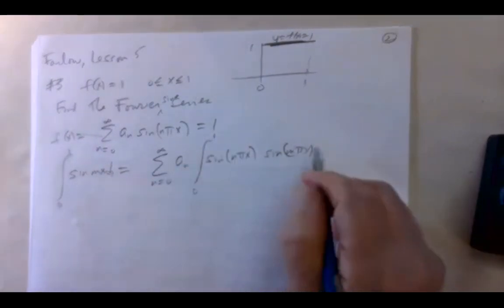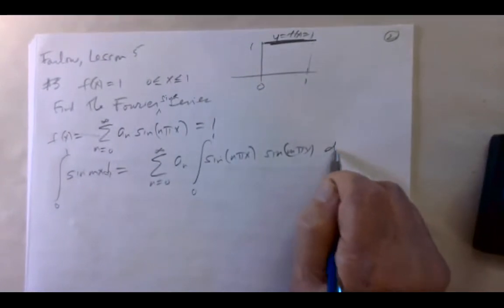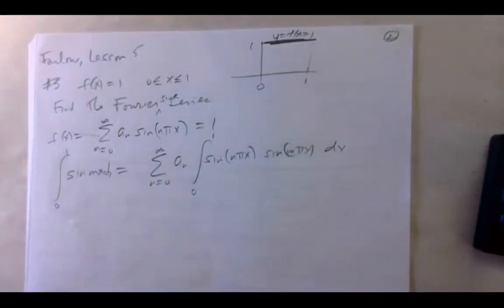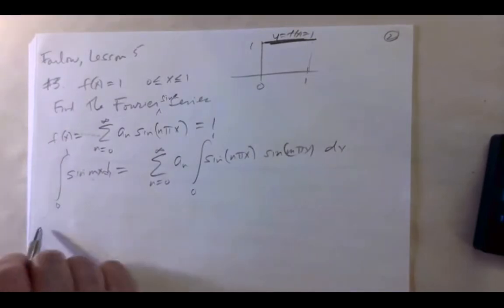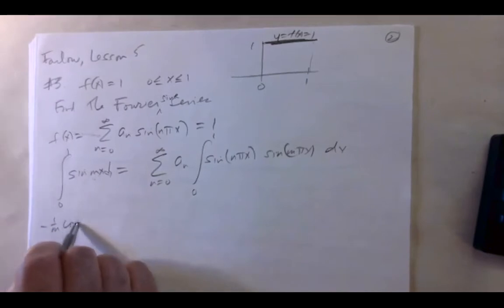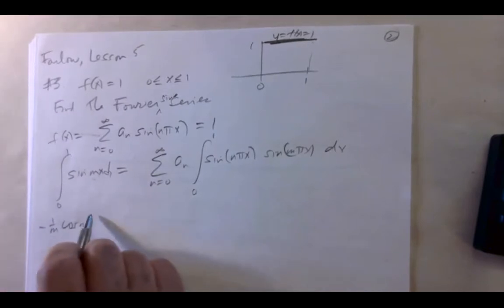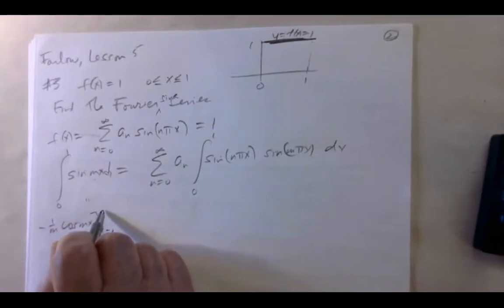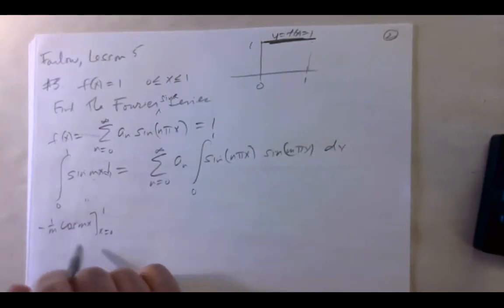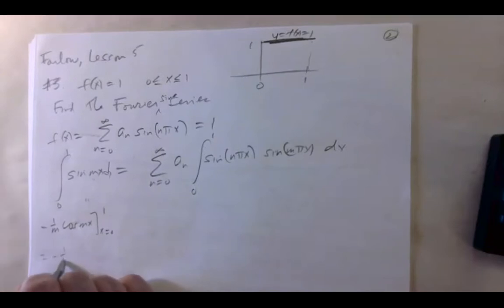That's a real theorem in advanced calculus or analysis. And what do we get? So if you integrate the sine, you get -1/m cosine of mx evaluated from x equals 0 to x equals 1. And so this is -1/m.